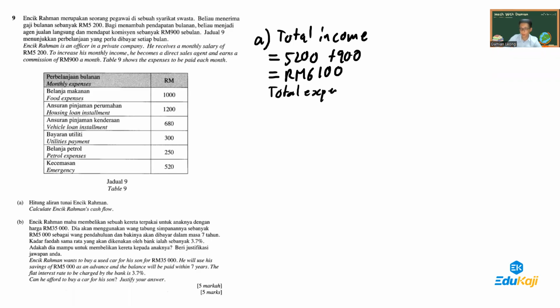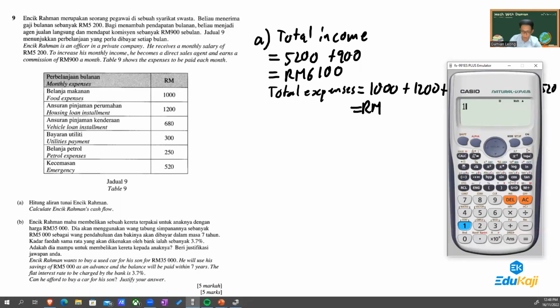Total expenses, 1,000 plus 1,200 on the housing loan, plus 680 vehicle loan, plus 300 utilities, plus 250 petrol, plus 520 emergency. 1,000 plus 1,200 plus 680 plus 300 plus 520 plus 250. 3,950.